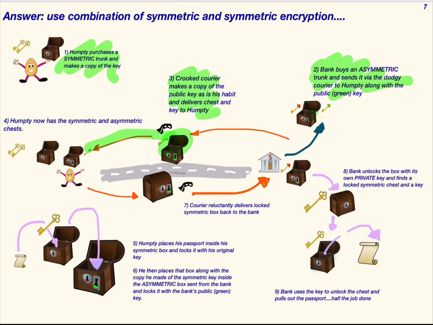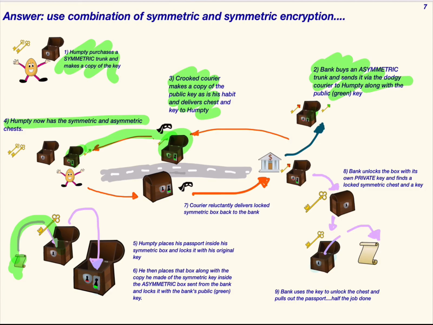Now this is where the clever bit happens, right? So Humpty now has two boxes. He has a symmetric box which belongs to him, with the key that he copied, and he has the asymmetric box that he's just received from the bank with the public key for that, right? So what he does is he gets his passport and he locks it inside his own symmetric box, the one that he bought and made a copy of the key for.